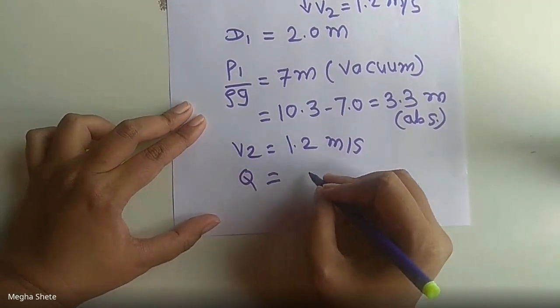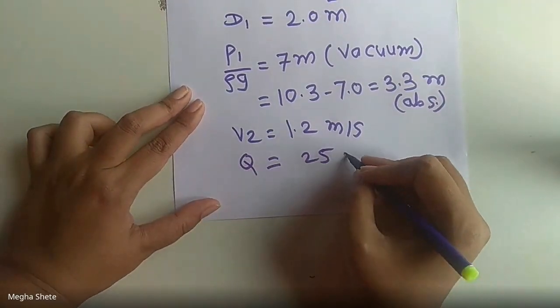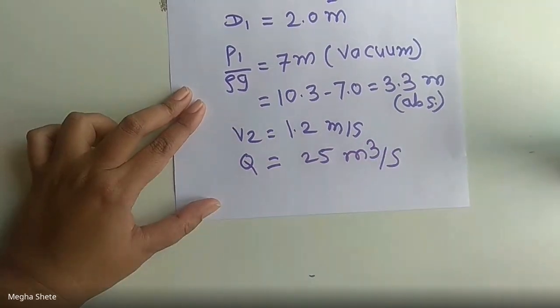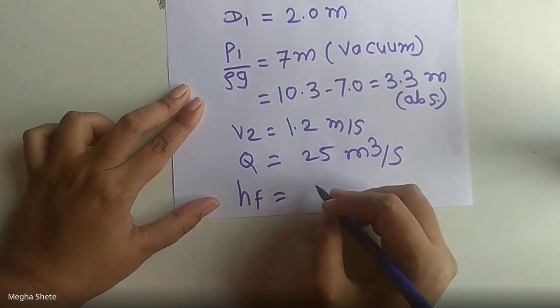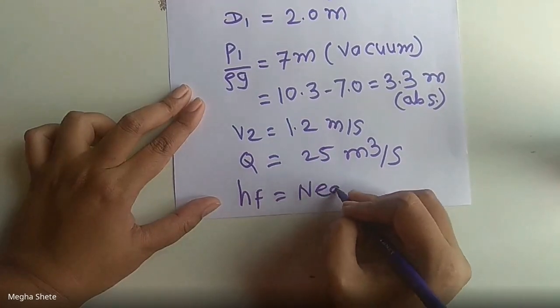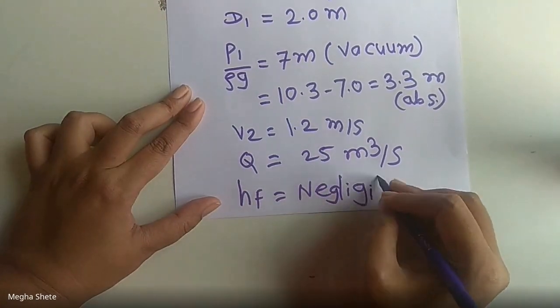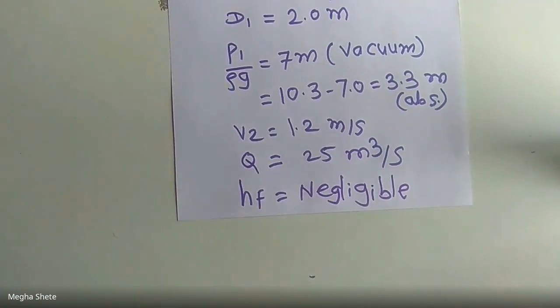Discharge is equal to 25 meter cube per second, and HF, that is head loss, they have given as negligible.